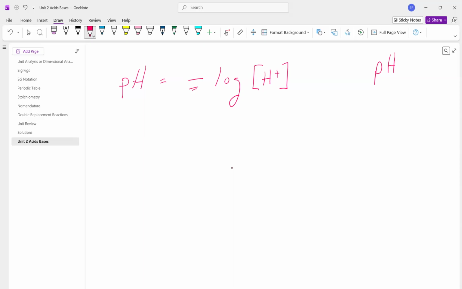Okay, so I just did the log of 5.6, and that gave me an answer of negative 1.13. Now it's the negative log, so the answer to this is 1.13.